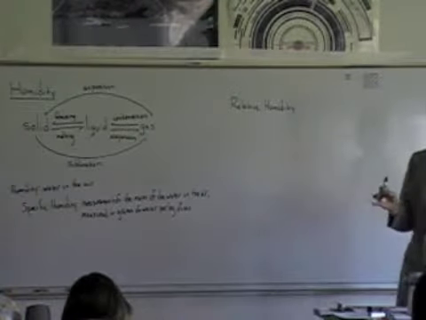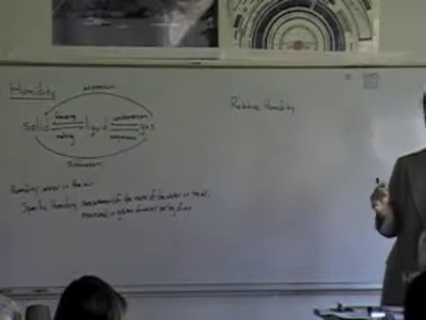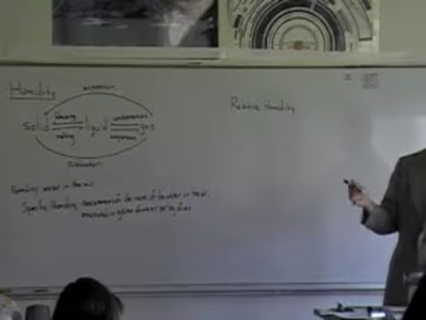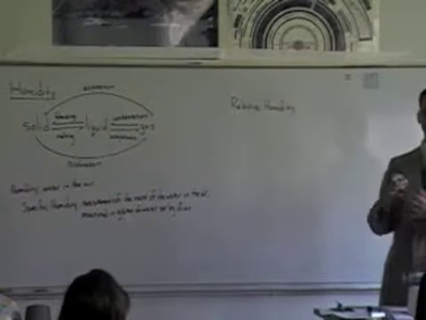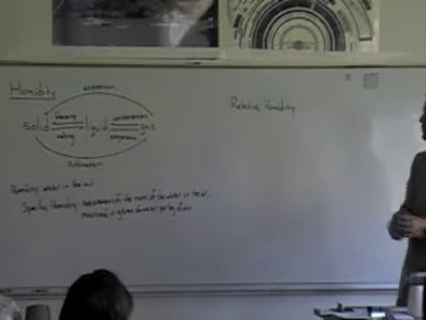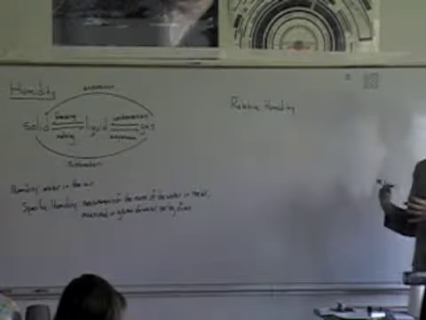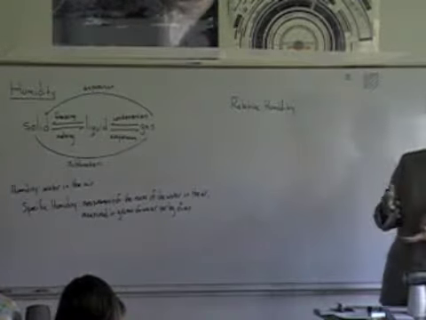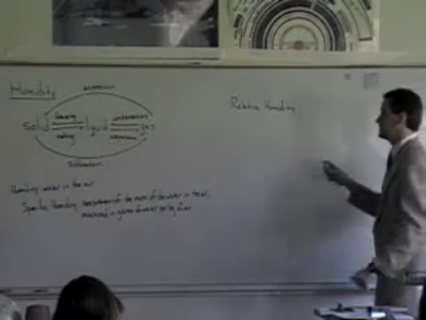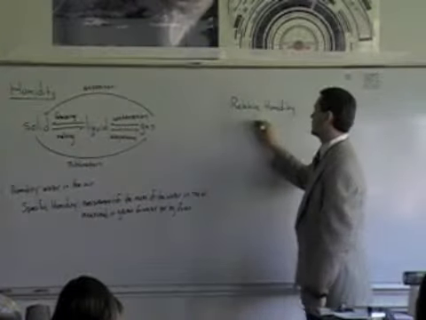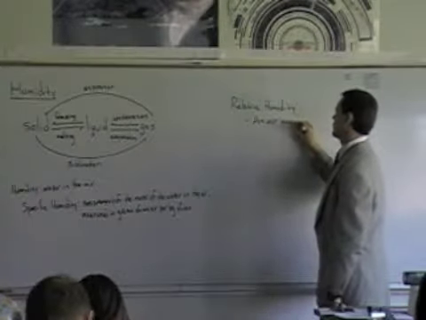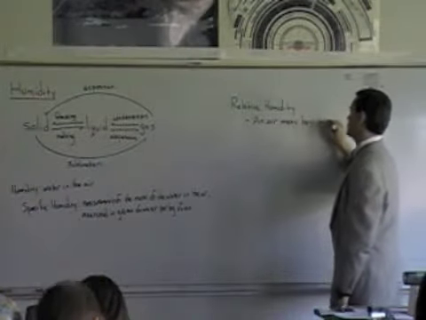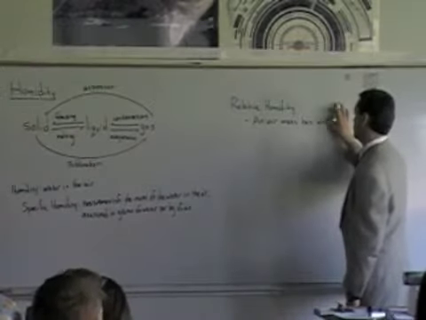An air mass has a capacity for water. It can hold so many water molecules. It's dependent upon the temperature, and we'll get more into that next class, but suffice for this point to know that every air mass has a capacity for water. It can only hold so much. So an air mass has a capacity for water.